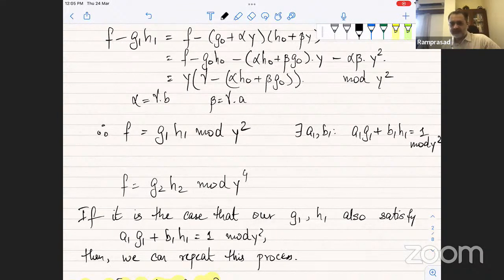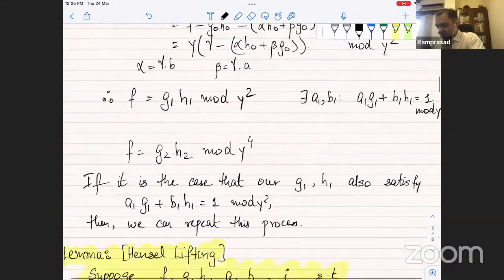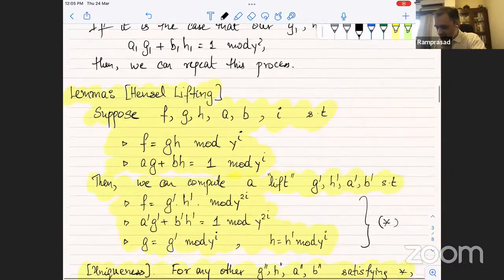And this particular operation of repeatedly coming up with better and better things is what is known as Hensel lifting. So I'm going to write down the entire Hensel lifting lemma.